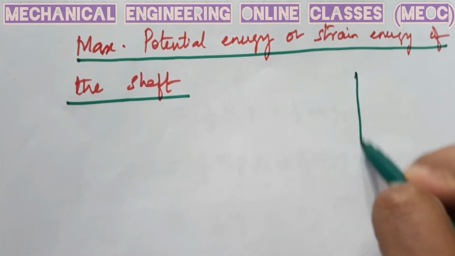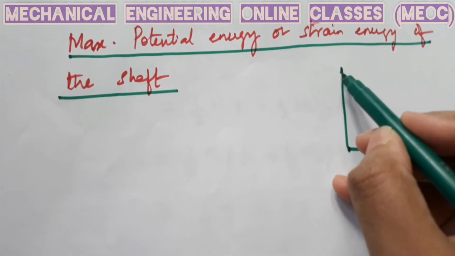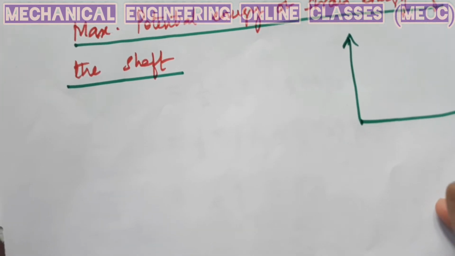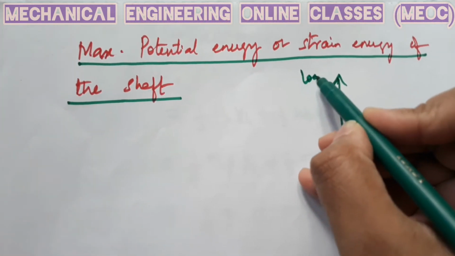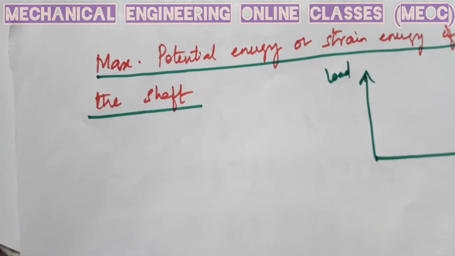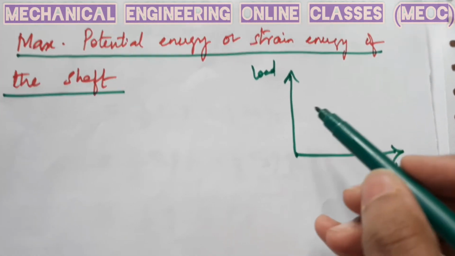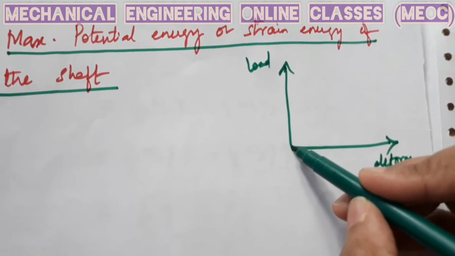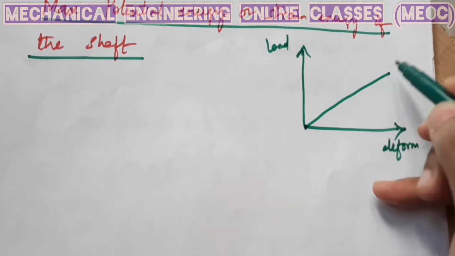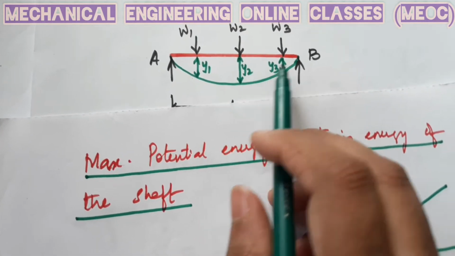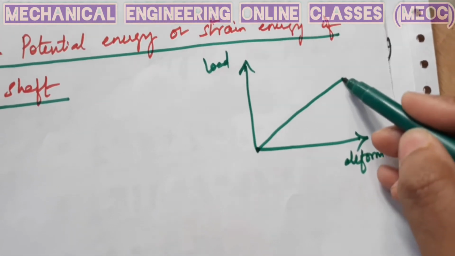Like if we plot a graph between the load and the deflection or the deformation here. So as the load increases, these deflections also increase.